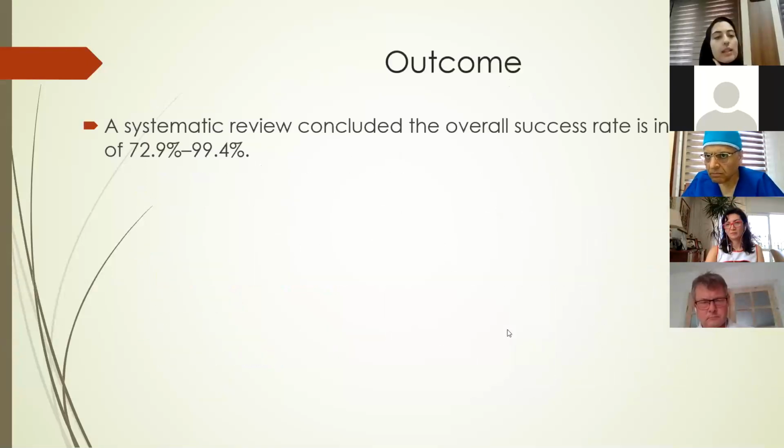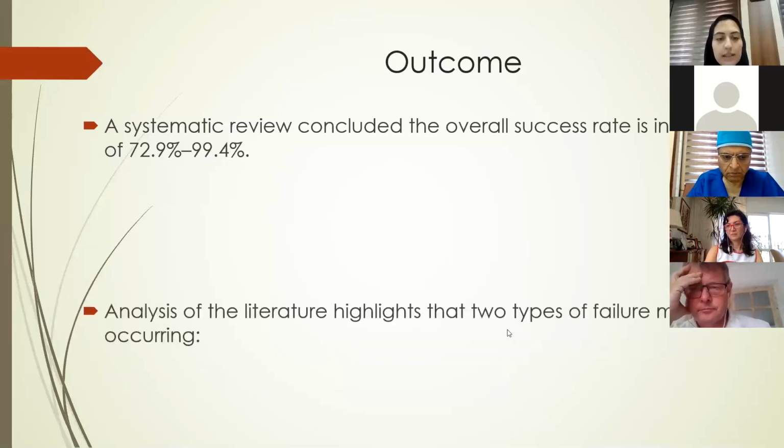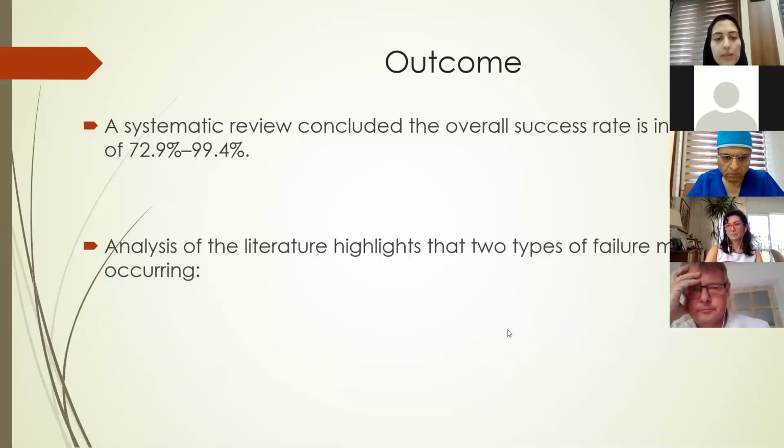And about the outcomes, a systematic review concluded that the overall success rate in the vital pulp therapy procedures has been reported about 72.9 to 99.4%. And the analysis of the literature demonstrates that we have two kinds of failure.